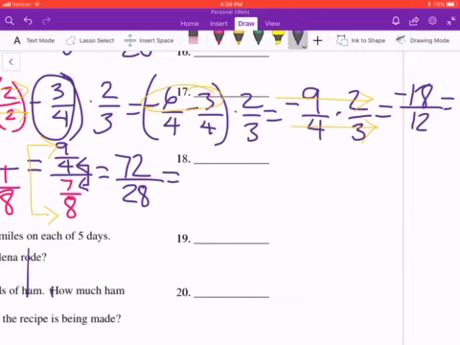And that will be the answer for that problem. Actually, we could reduce it a little bit further, and it will give us 18 divided by 7 if you were to divide 72 by 4 and 28 by 4.